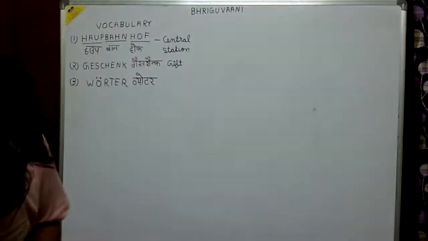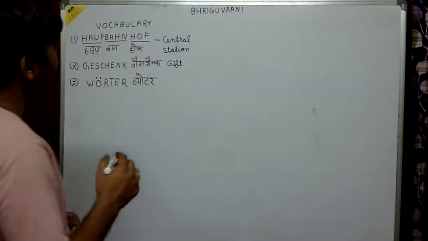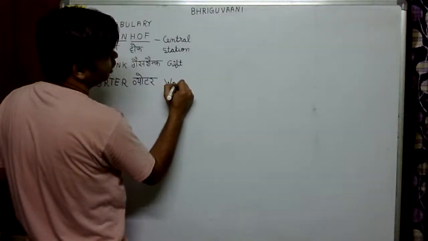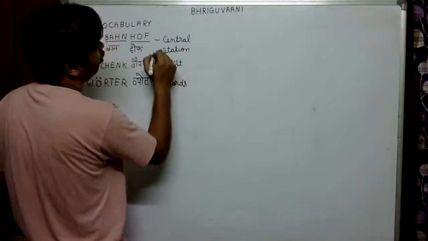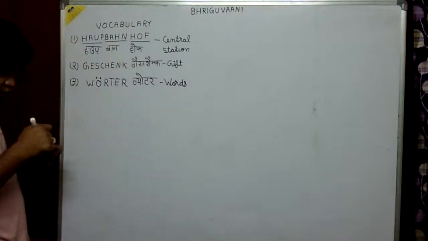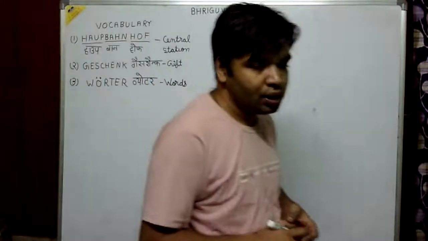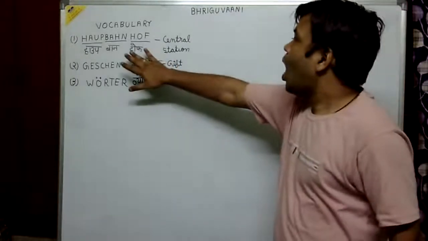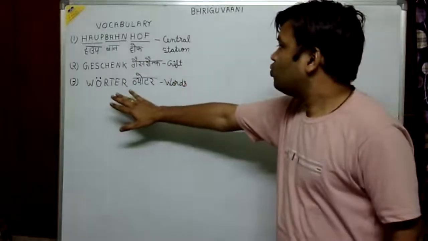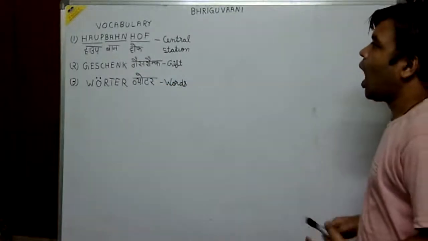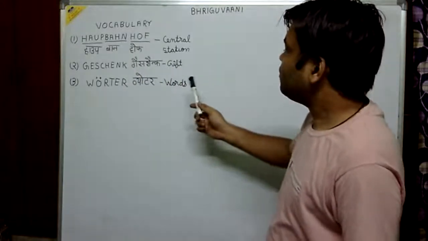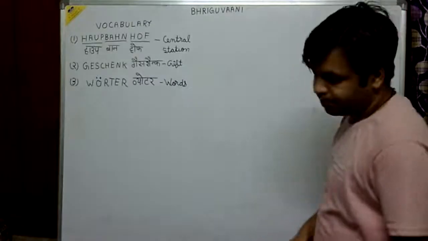What does this Wörter mean? This Wörter means words. So let's revise. Hauptbahnhof, central station. Geschenk, gift. Wörter, words.